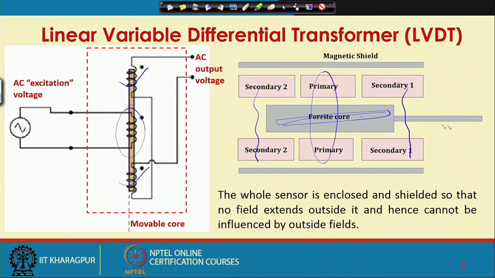This core is connected to the object whose displacement needs to be measured. As this object shows displacement, this ferrite core will be moving in this direction or in this direction.